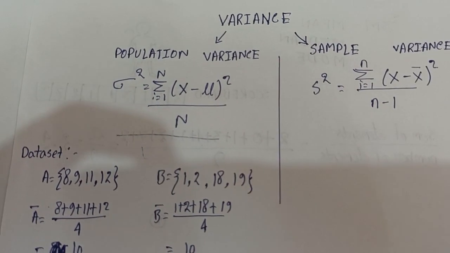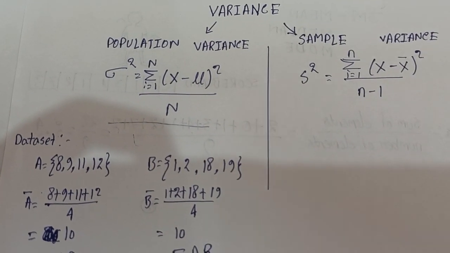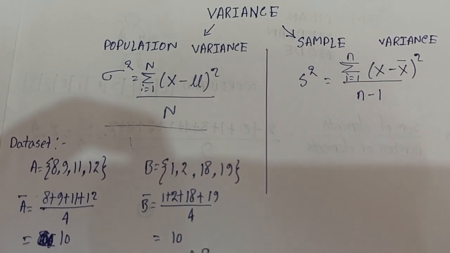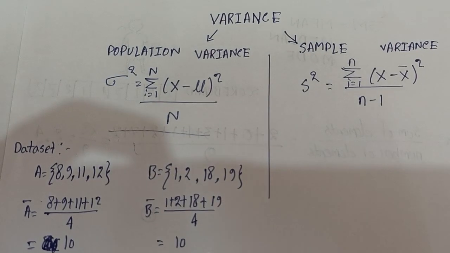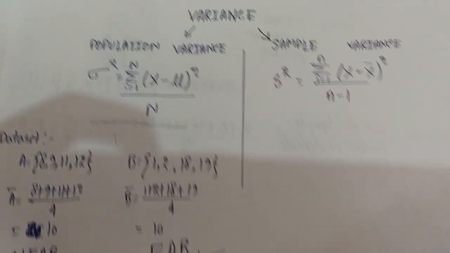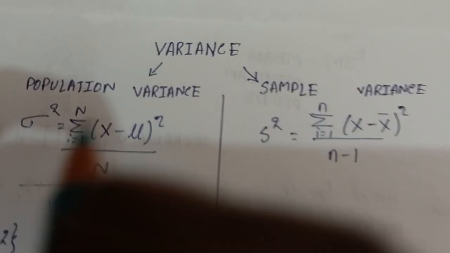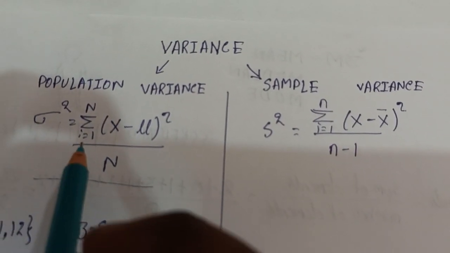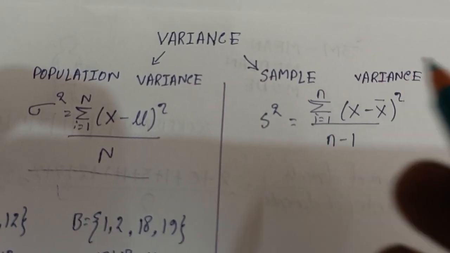And when you are randomly taking some 4 samples from the 100 data and calculating the variance, that's called sample variance. The sample variance formula is different from the population variance. Here we call the population variance sigma square, and we will call the sample variance a square.